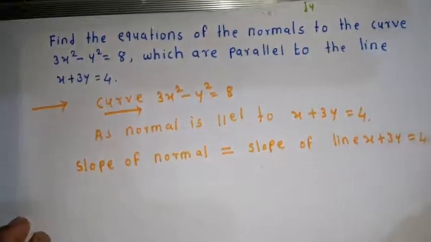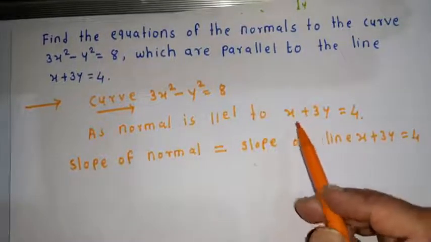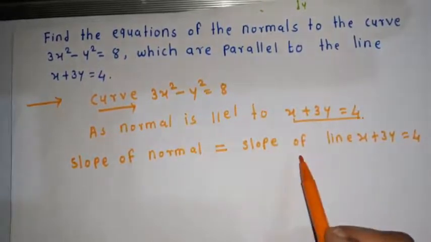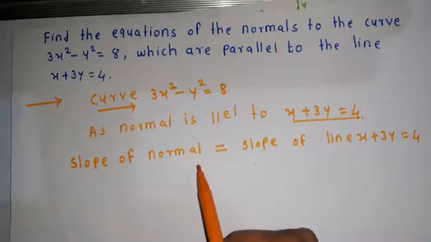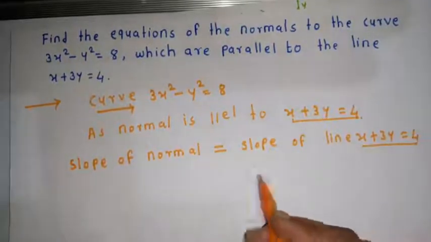Because the normal is parallel to the line, and if two lines are parallel to each other, their slopes are the same, therefore slope of normal equals slope of the line x plus 3y equal to 4.